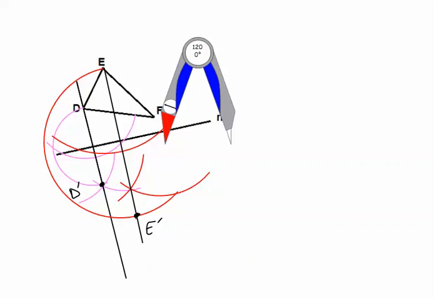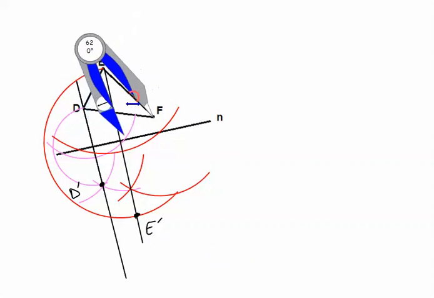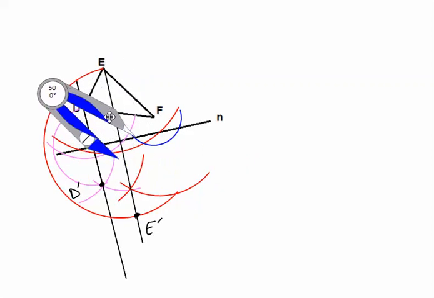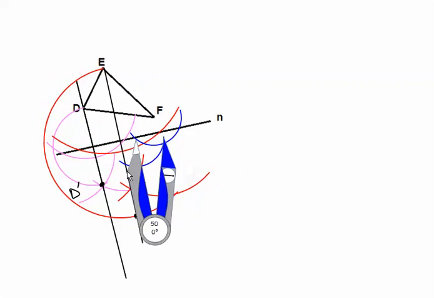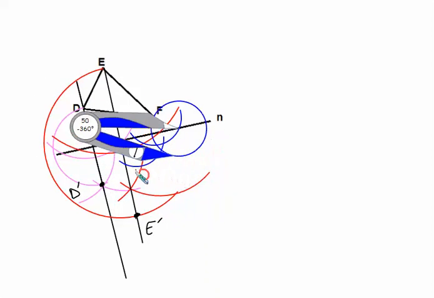Last but not least is F. So point of the compass at F, we need to make an arc that crosses line N twice. There it is. Then we need its perpendicular bisector, so I'll put the point at one point, make the one arc, move the point to the other point, make the second arc.